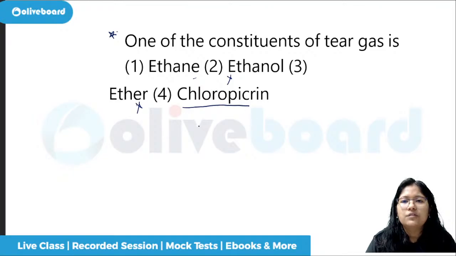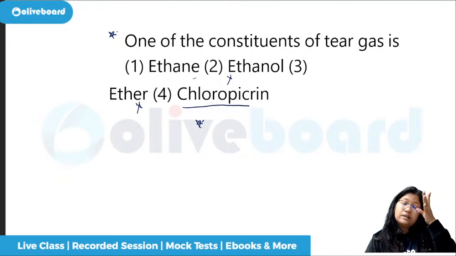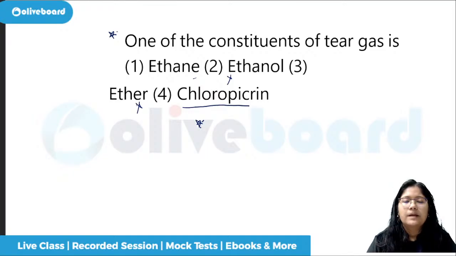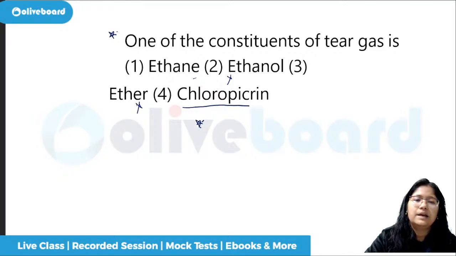So it consists of chlorpyrene, and that can also be used as, say, anti-infectious against the insects. In case of farming also it can be used. It can lead to killing if used in a very high dose. Okay, it has a distinct smell as well, which can be identified.